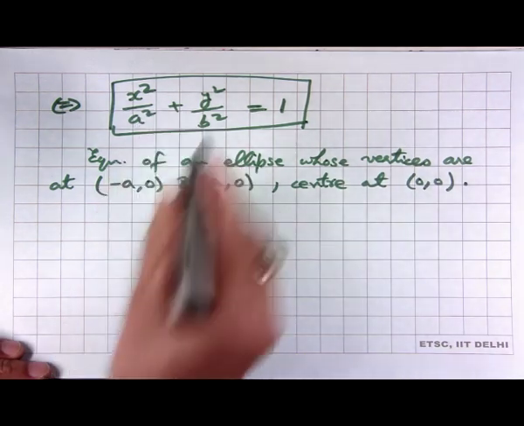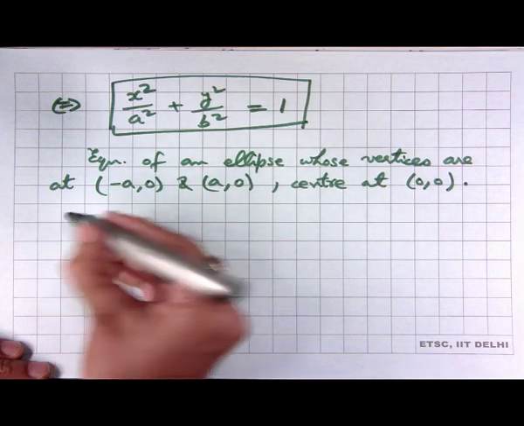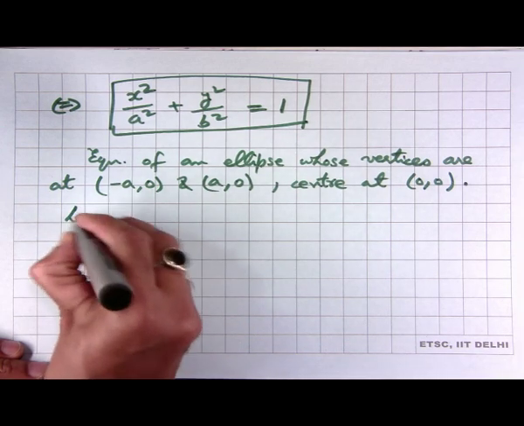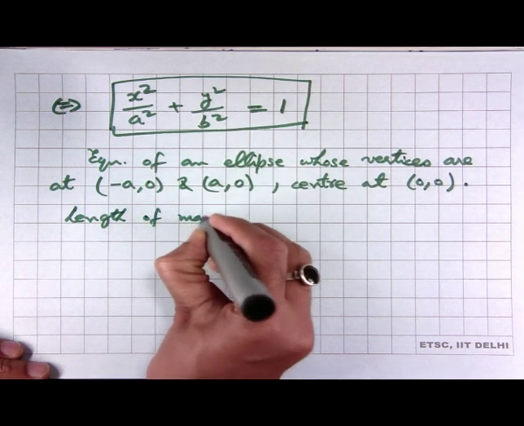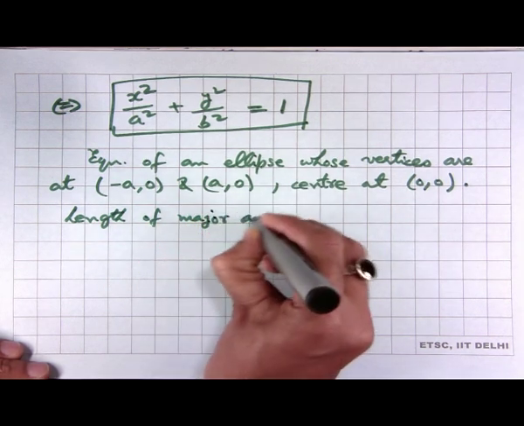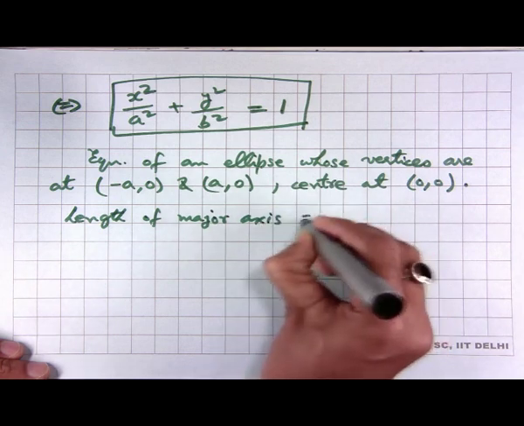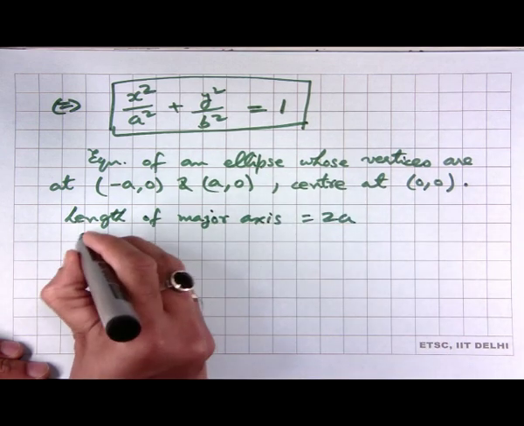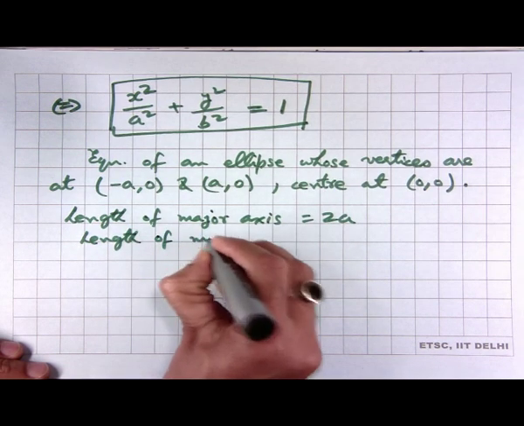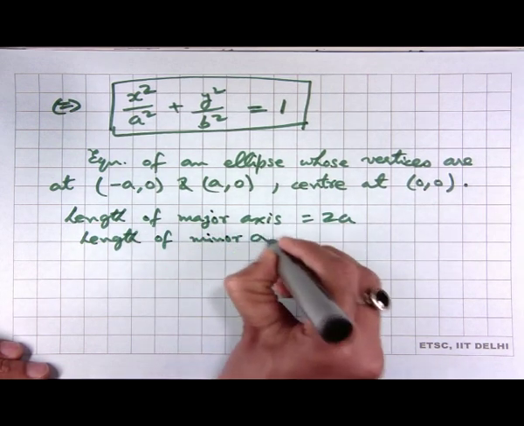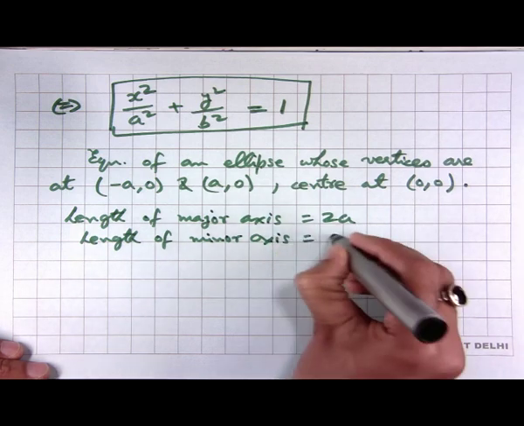In this case the length of major axis is 2a, length of minor axis is 2b.